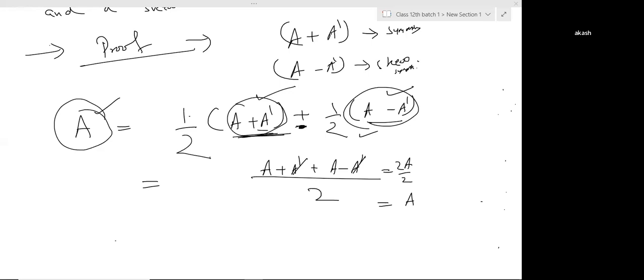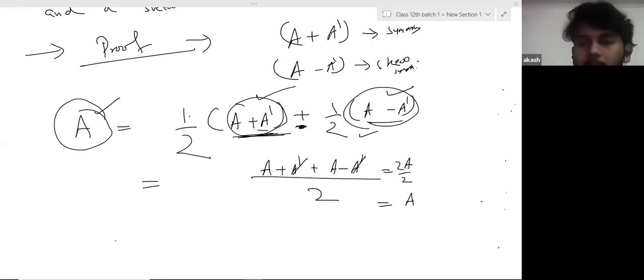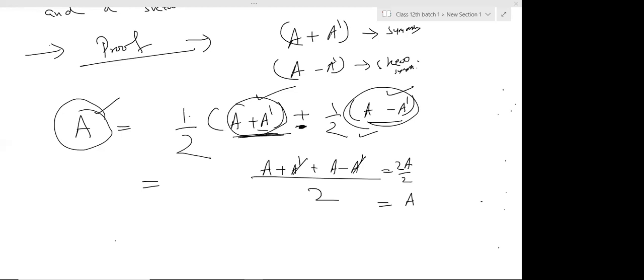All right. So everything is clear for today's symmetric matrix. Any doubts?